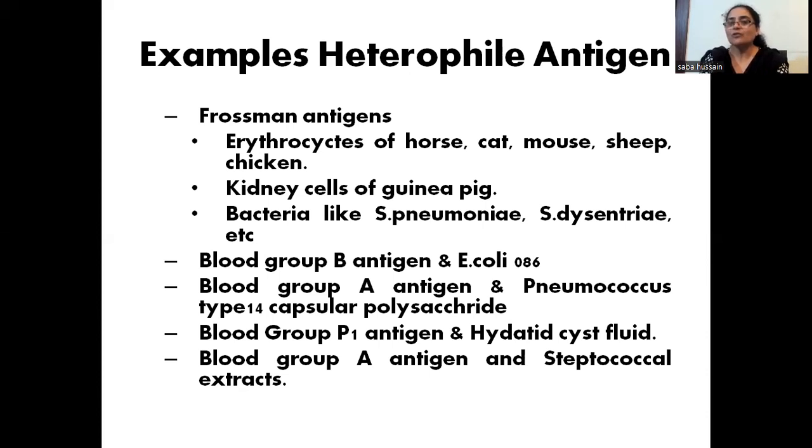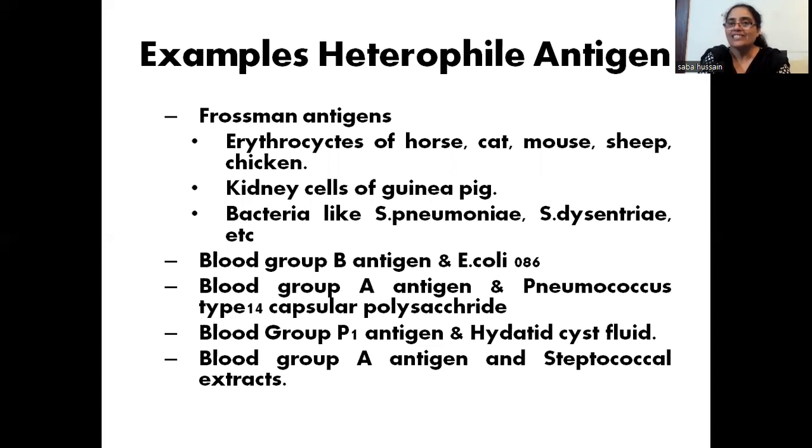So one example of heterophile antigens is the Forssman antigen, and see, so many erythrocytes of horse, cat, mouse, sheep, and chicken are sharing the same chemical structure, and the same is shared by the kidney cells of guinea pig also. So antibodies also get confused, right? Then blood group B antigen and E. coli 086 strain share some kind of same chemical structure.